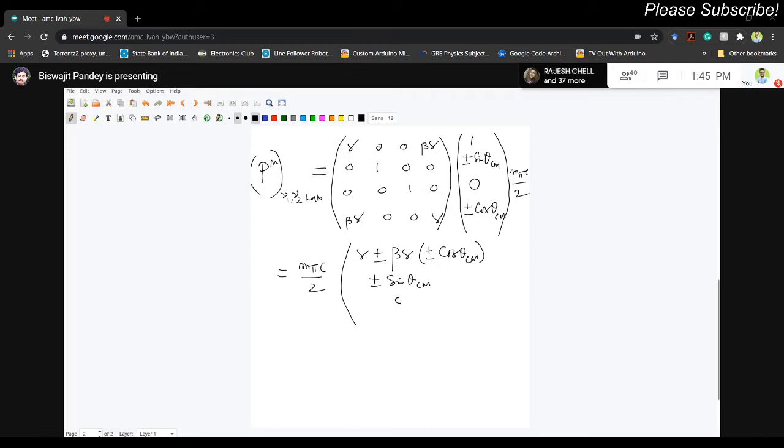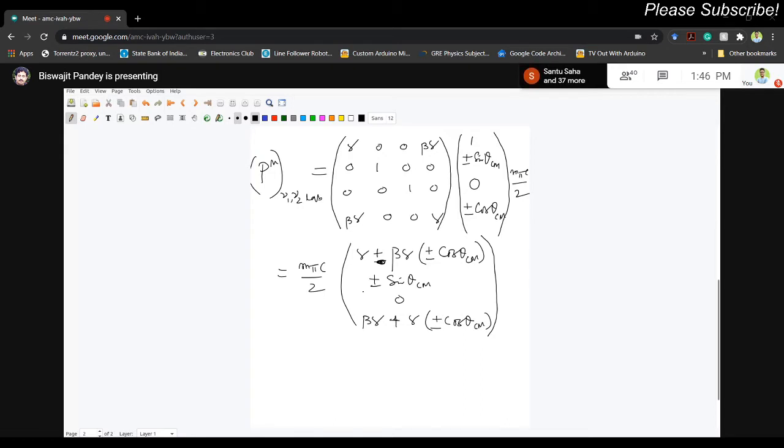The third term will be 0, because 0, 0, 1 multiplied with 0, 0, all are 0. And the final term will be beta gamma, 1, beta gamma, and then last one plus beta gamma plus gamma into plus minus cos theta cm. I wrote an extra minus here, which is not needed because plus minus is here. So these are the components of the 4 momentum in the lab frame.